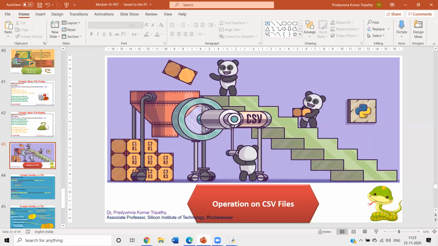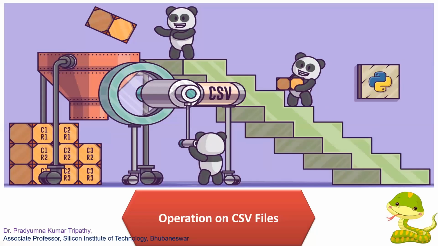Now we'll work on these files. In data science and in many fields, you will be getting a CSV file on which you have to do some operations. So how to read these CSV files? Whenever you are working with data files, data are generally stored in Excel files.